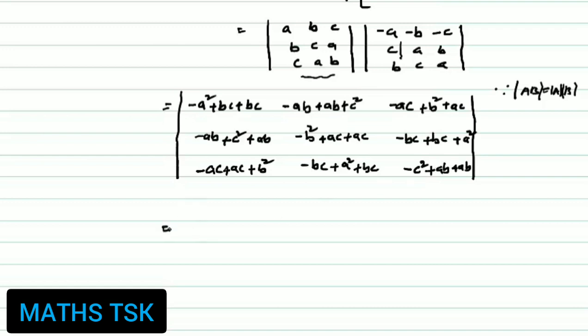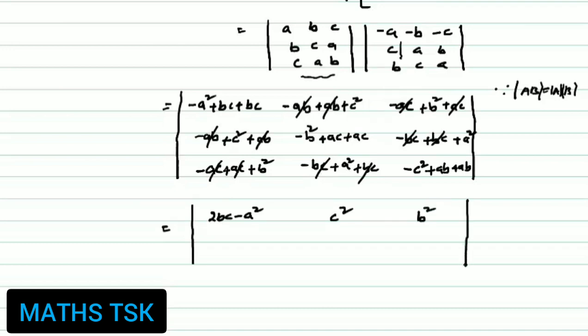So this can be written as determinant of 2BC minus A square. AB gets cancelled here. Here AC gets cancelled. Here BC gets cancelled. Here AB gets cancelled. Here AC gets cancelled. Here BC gets cancelled. So here it is C square. Here it is B square. And then the next element is C square.